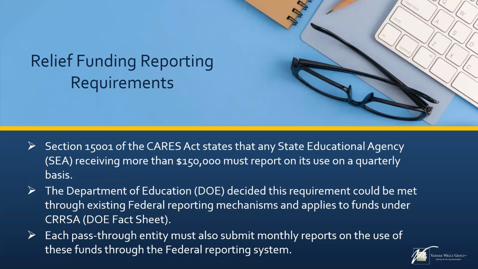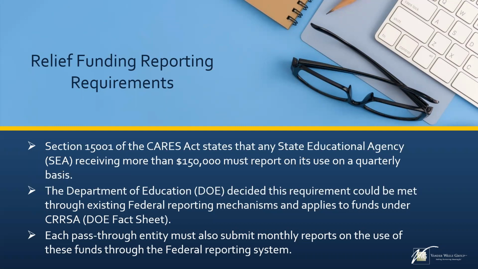So first, I want to talk a little bit about the reporting requirements. When the CARES Act was passed, it stated that any state educational agency receiving more than $150,000 must report on its use of the CARES funds on a quarterly basis. And of course, this also applied to CRRSA and ARPA.